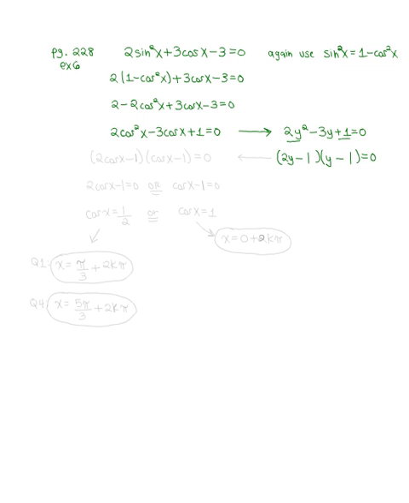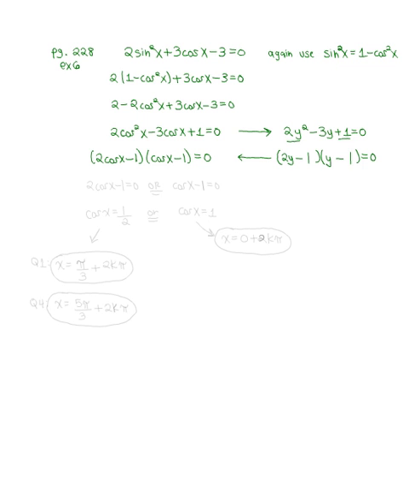Okay, and using this idea, we're going to go back to the original problem, and if we think of y as the cosine of x as the basis for our substitution, we're going to factor this into 2 times the cosine of x minus 1, multiplied by the cosine of x minus 1 equals 0.